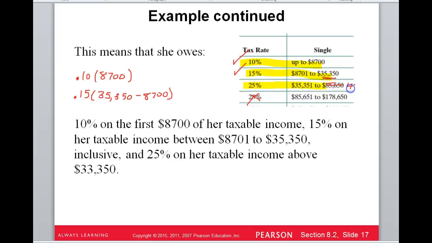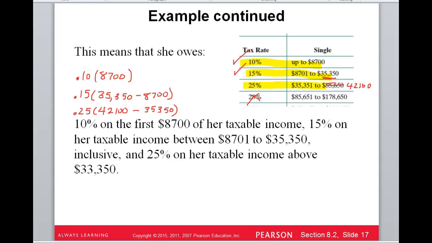She was at $42,100. So we're going to tax at the 25% rate. We're going to tax the remaining amount, the $42,100 minus the amount we've already taxed up to that $35,350. So that's where this is coming from.